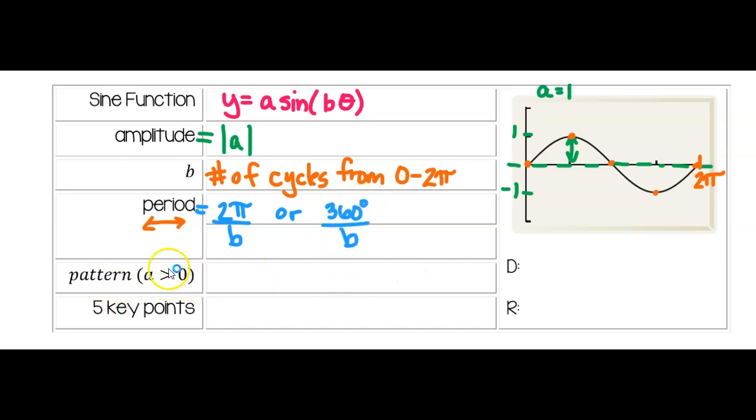The pattern of sine, we already talked about that. We start with 0, we end with 0. So sine is going to look like a hill and a valley. It starts with 0 to a max, to a 0, to a minimum, to a 0. That's the pattern of the y value.